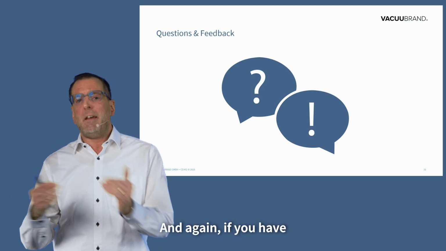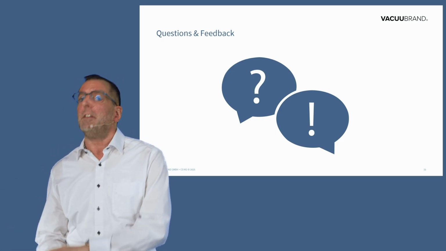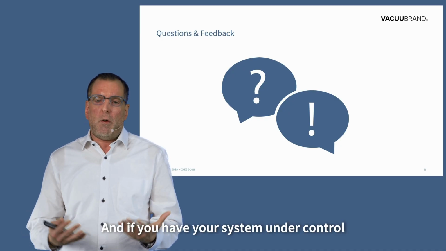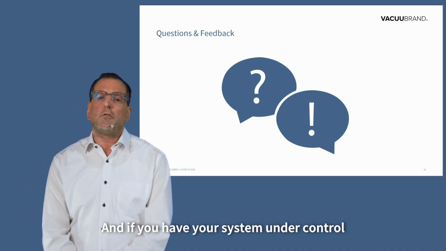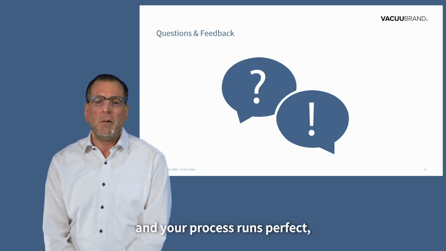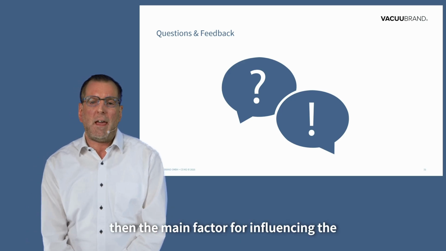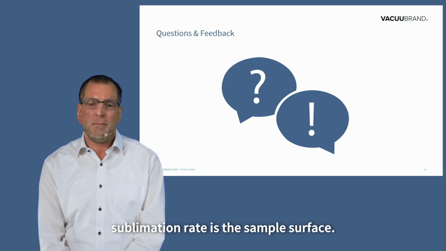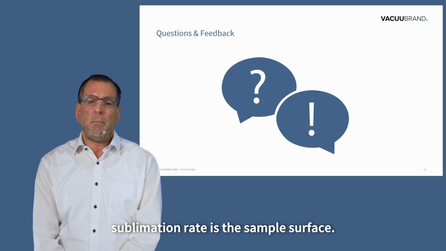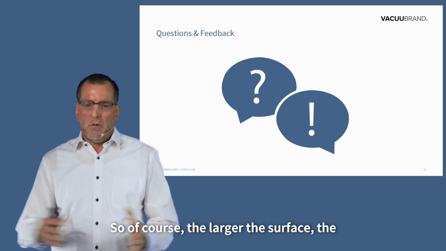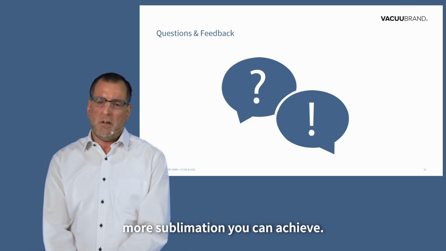And again, if you have sufficient resublimation, this will also cause sufficient sublimation. And if you have your system under control and your process runs perfect, then the main factor for influencing the sublimation rate is the sample surface. So of course, the larger the surface, the more sublimation you can achieve.